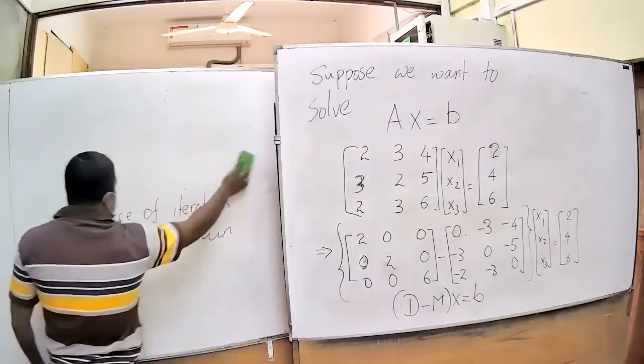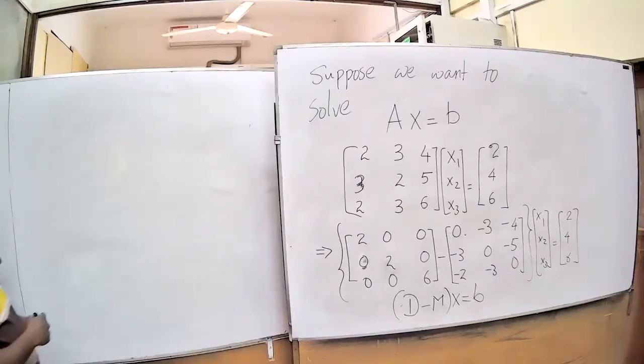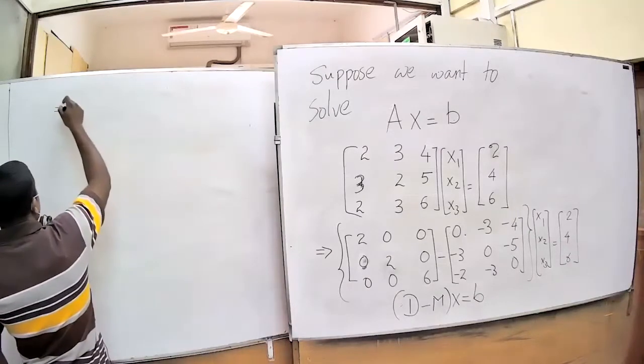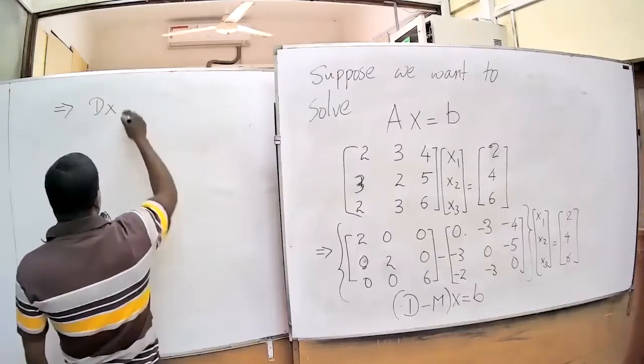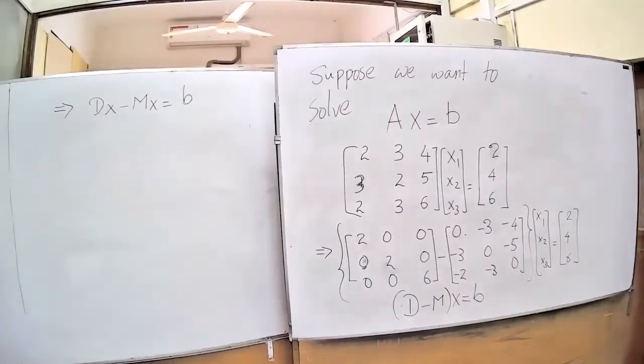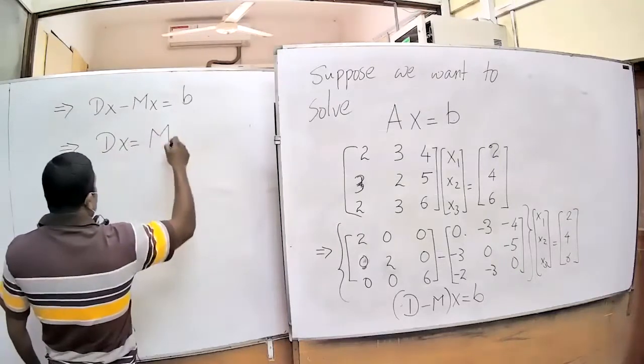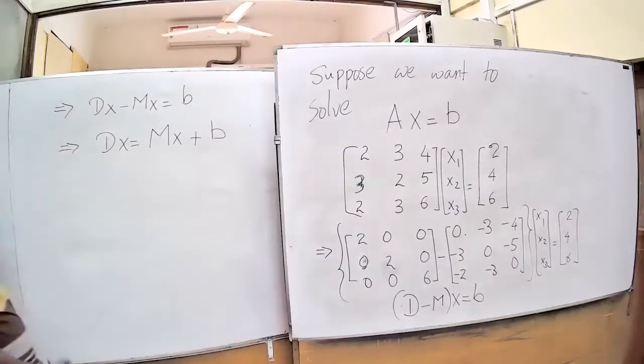This is equivalent to D times X minus M times X is equal to B. So I rearrange this: D times X is equal to M times X plus B. I move this M times X to the other side.